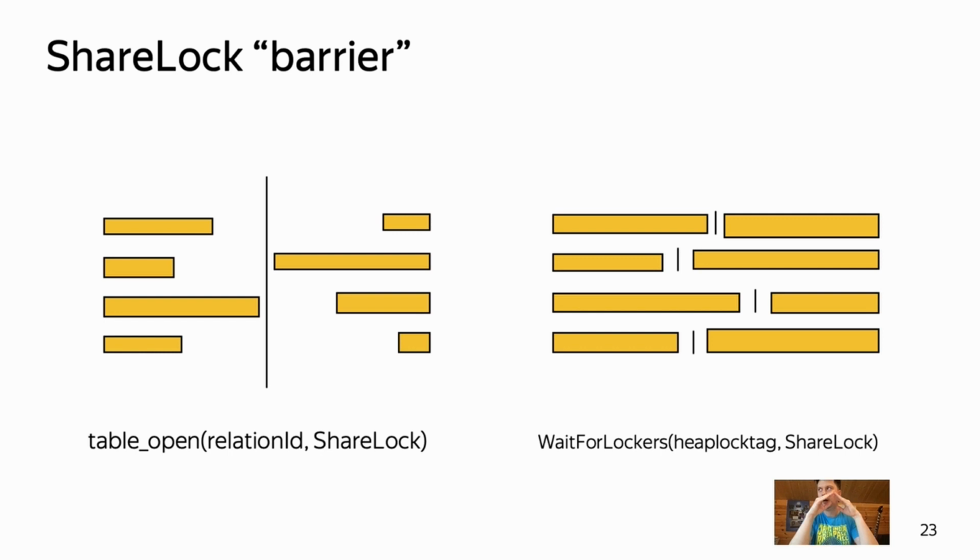So a transaction that was using the table before we created this index concurrently cannot continue. It can continue, but it will prevent finalizing our index creation. And within each backend, we must grab this share lock, but it is released instantly.